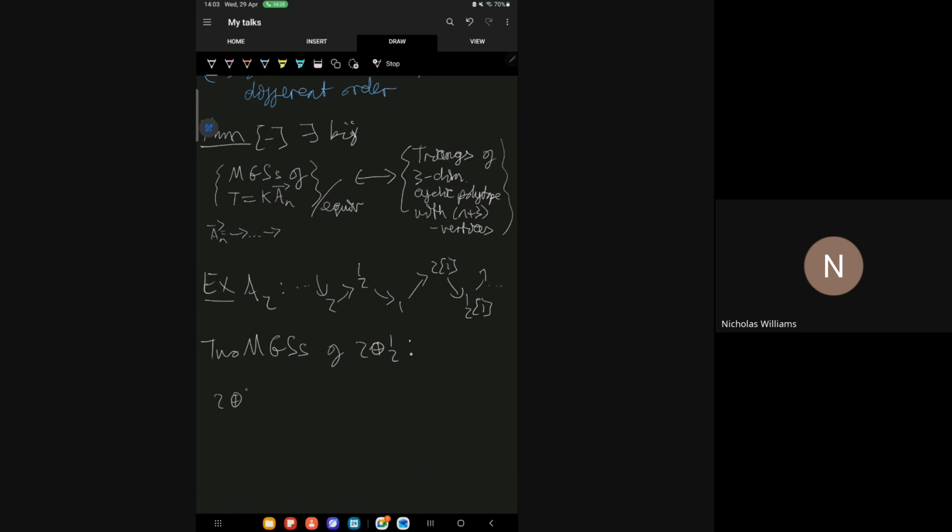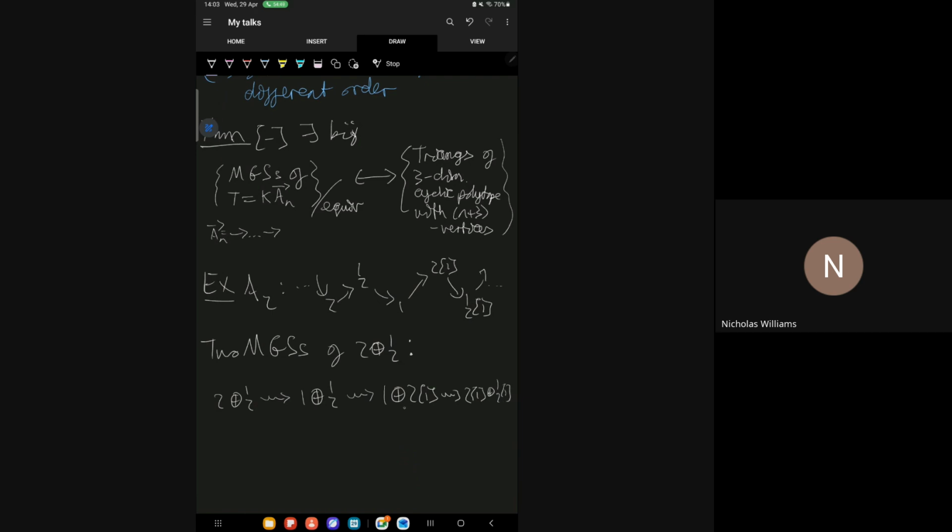Namely, there's the maximal green sequence where we mutate at 1, and then we mutate at 1,2, and then we mutate at 1 again to get 2 shifted by 1 and 1,2 shifted by 1.